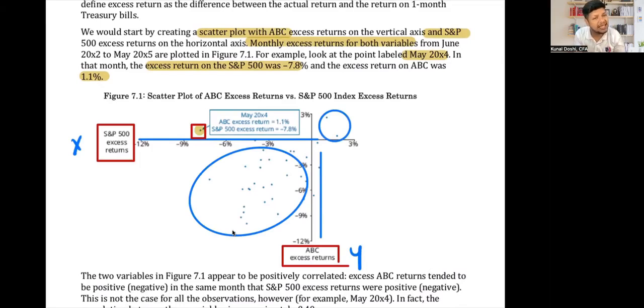Do you notice most of the time they are going in the same direction, which means X and Y are both negative or both positive most of the time, except this one point? Therefore, we call them positively correlated. Just by looking at the scatter plot, we can say they are positively correlated. Clear?